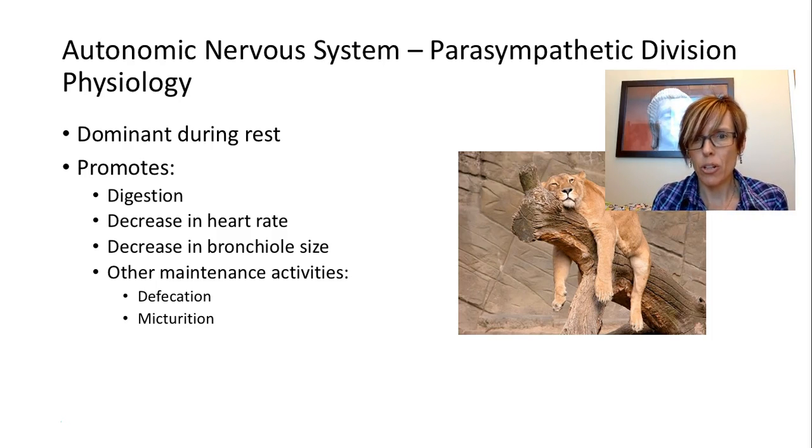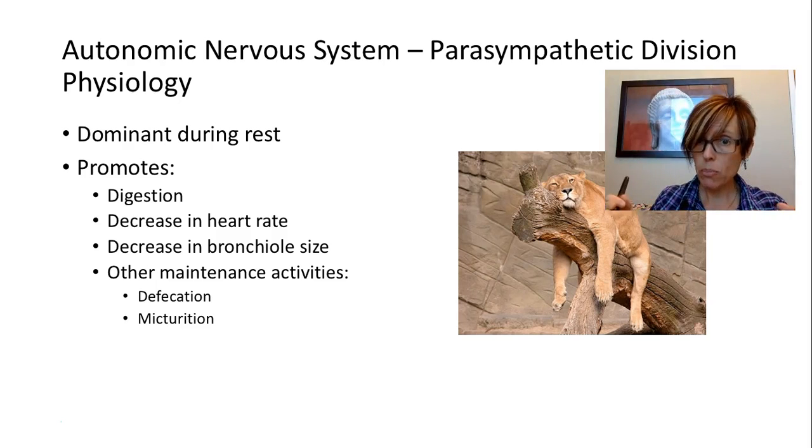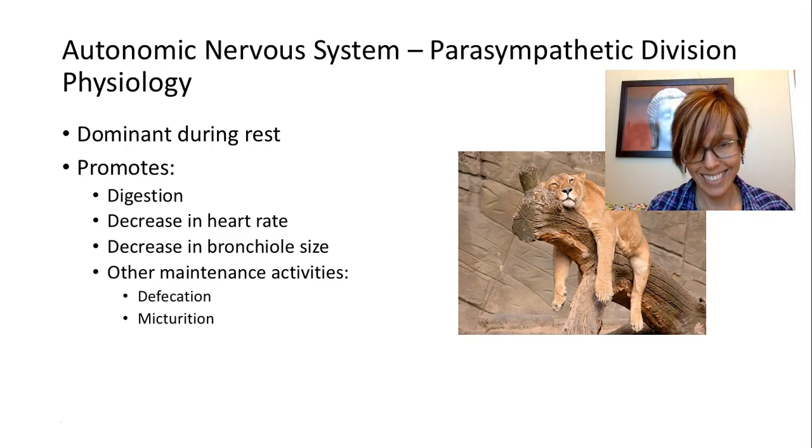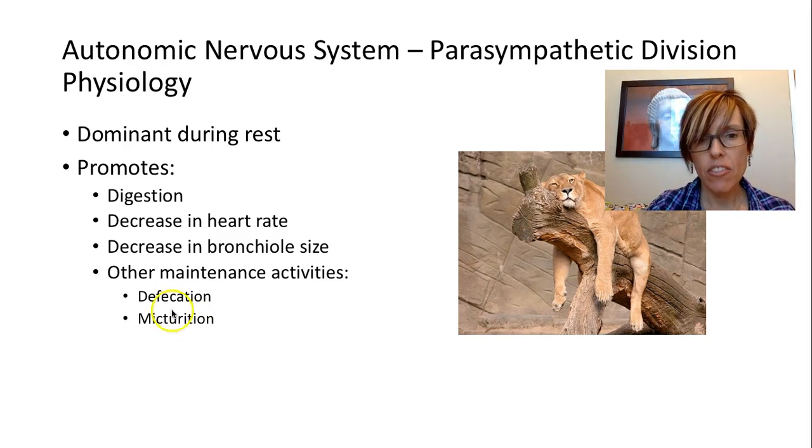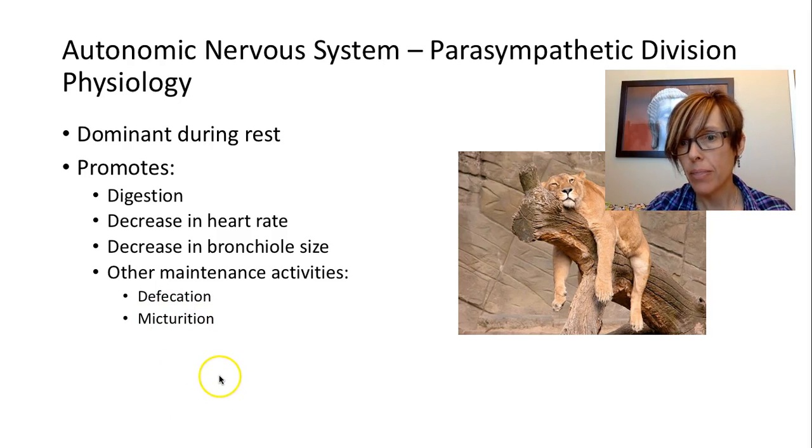It doesn't work that way. If you're nervous, you're not going to poop. So this parasympathetic nervous system has to be active for that to occur. The second term here, micturition, is just the fancy word for urinating. Similarly, for urine production to occur, the parasympathetic nervous system has to be the one that is active.